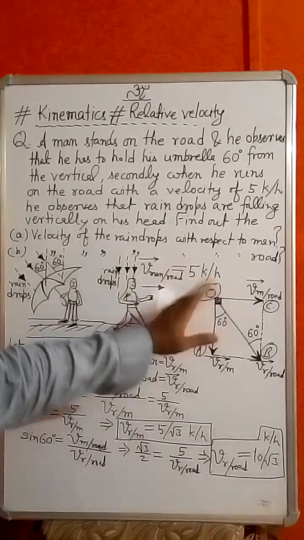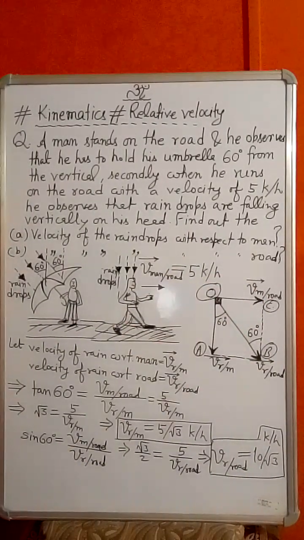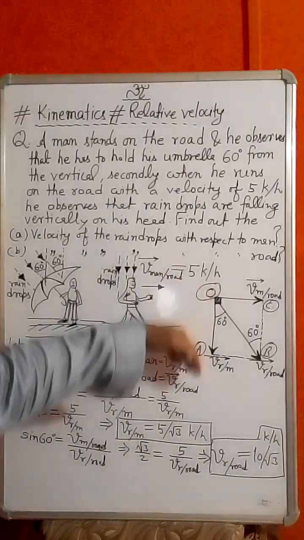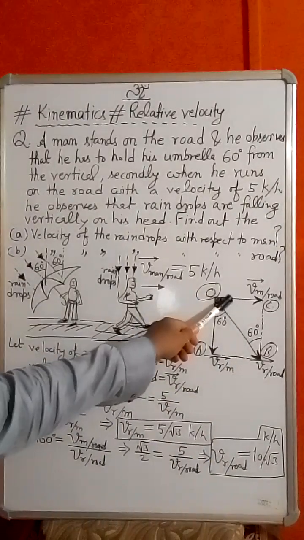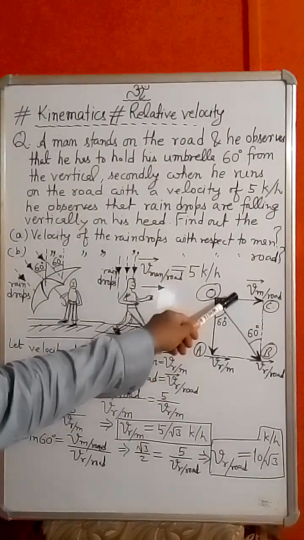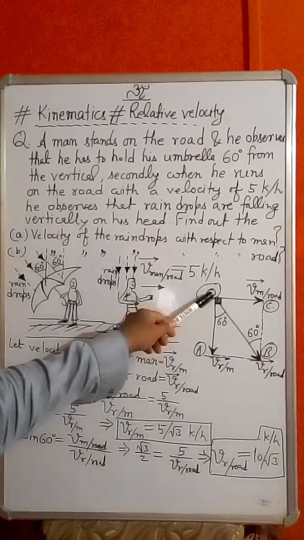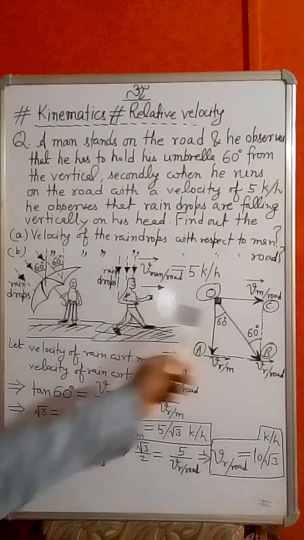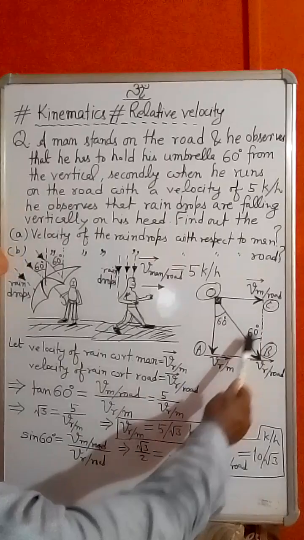Now once you are able to make this vector diagram, you can easily understand that this is 90 degree because it has been given that this is vertically downward, correct? This complete angle is 90 degree, which means angle AOC is 90 degree, and this angle OBC is 60 degree.